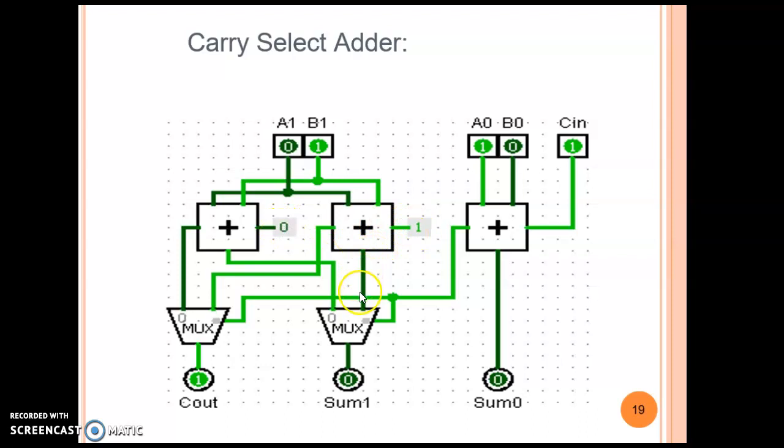The output sum is given to this mux and this carry is given to this mux, and this is a 2:1 mux. The carry out of the first stage, that is the lower 4-bit, acts as the select line. If it is 0, then this output will be selected, and if it is 1, then this output will be selected.